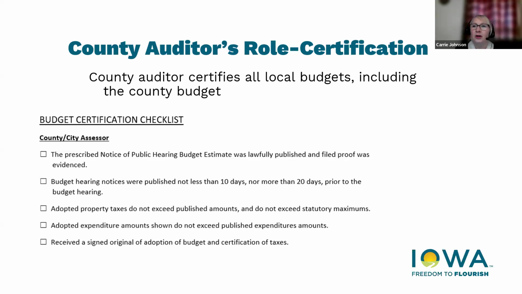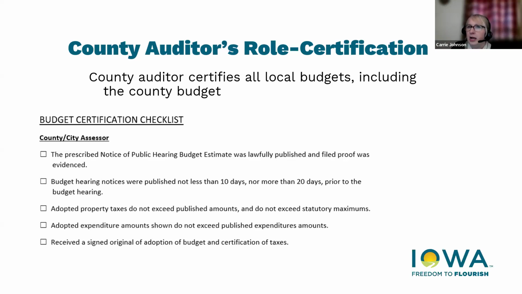The county auditors or county auditors' staff also, as I mentioned earlier, certify all local government budgets, and they also certify the county budget. So I would recommend, to the extent possible, if you are the county auditor and you're involved in the specifics of the adoption of the budget itself and those various deadlines that need to be met to get to the adopted budget, that you have someone else in your office actually be the one that certifies that budget.